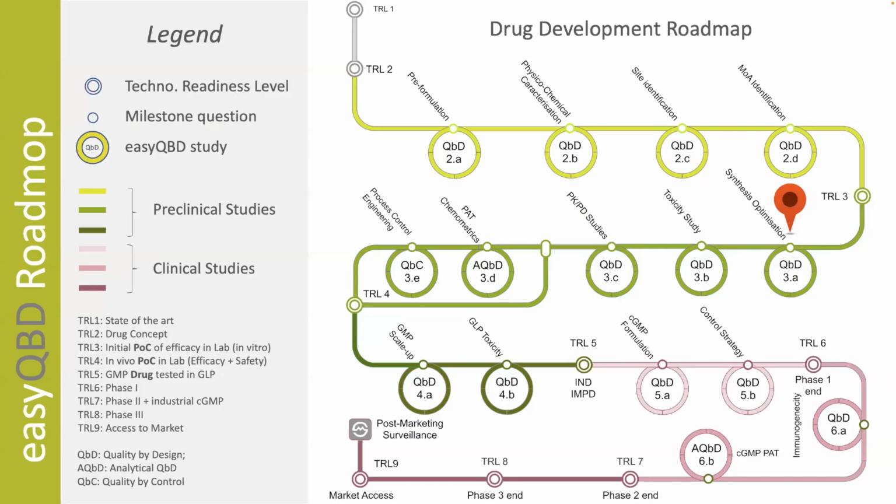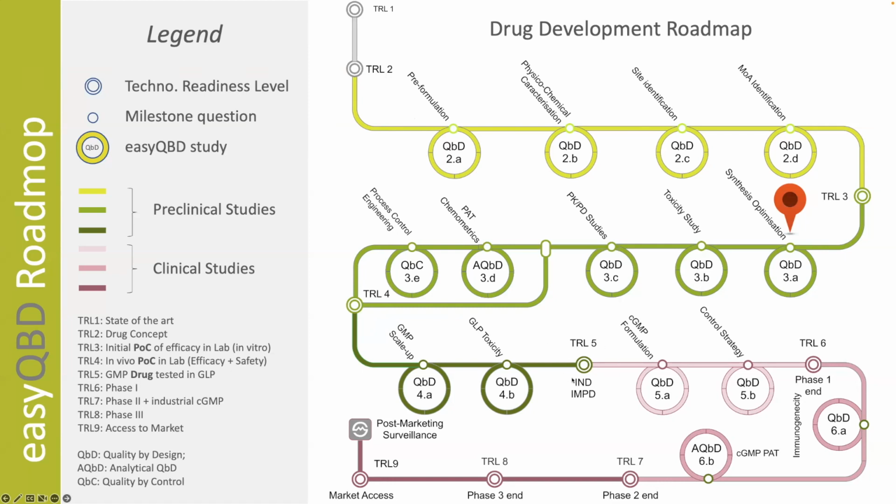The first thing you will see when you log in is this kind of roadmap. Let me take a few seconds to present the roadmap. It is a kind of subway map. You can see the main stations, the TRL levels: TRL2, TRL3, the first proof of concept in vitro, the second proof of concept in vivo for safety and efficacy.